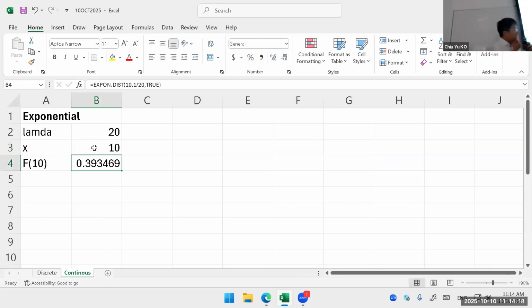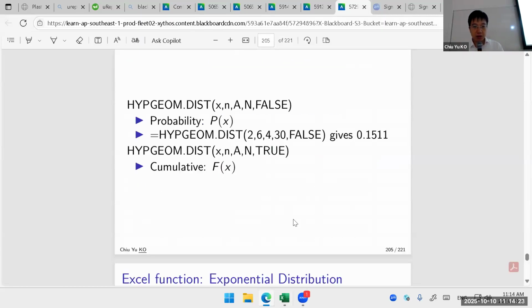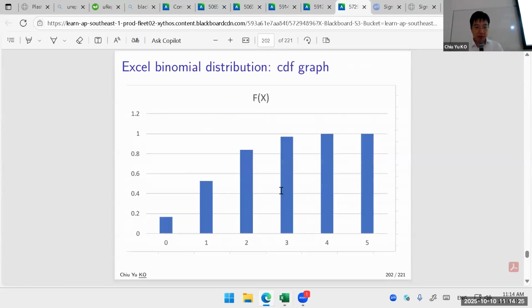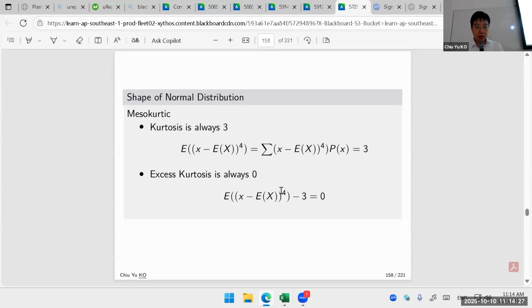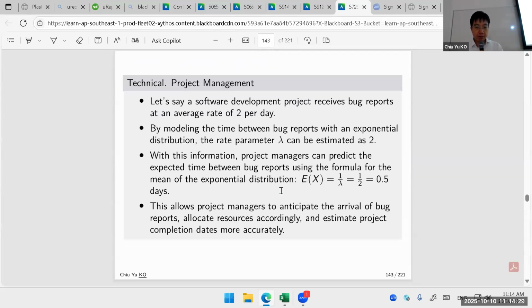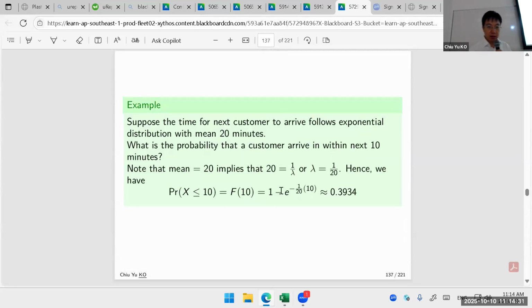So this is our exponential calculation, right? This corresponds to the question we have in the example. Here, 20, 10.